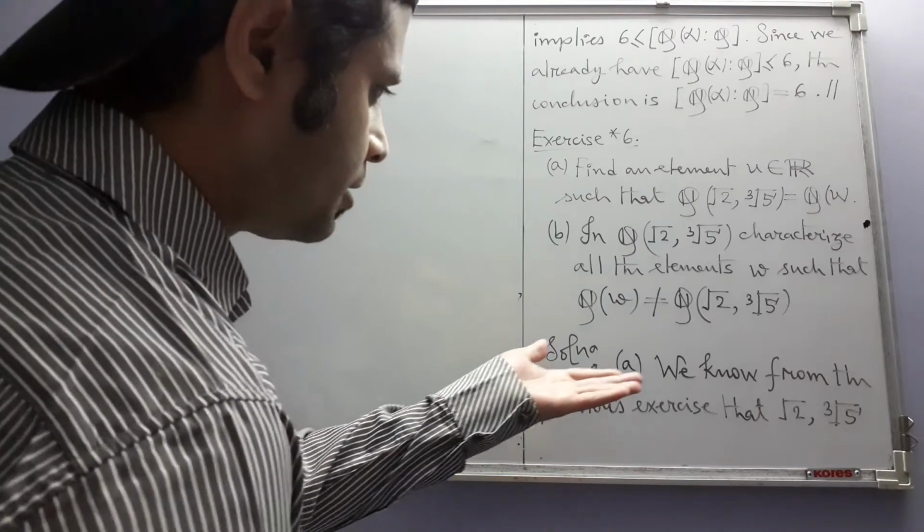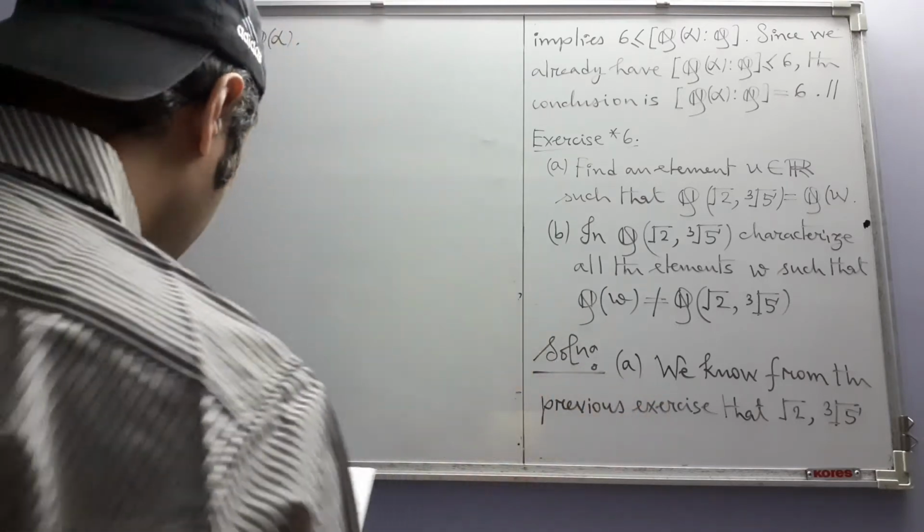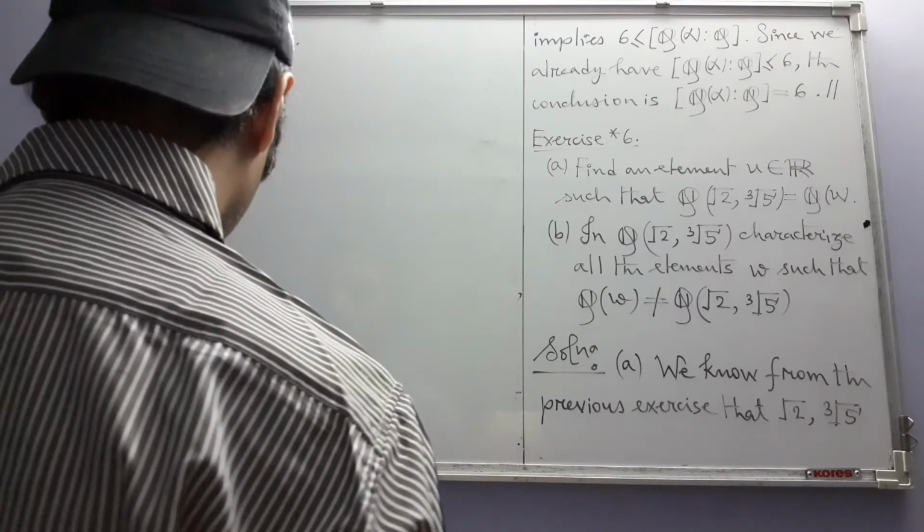Because we are writing from the previous exercise, we are not mentioning what alpha is. We already know it is root 2 plus cube root of 3.